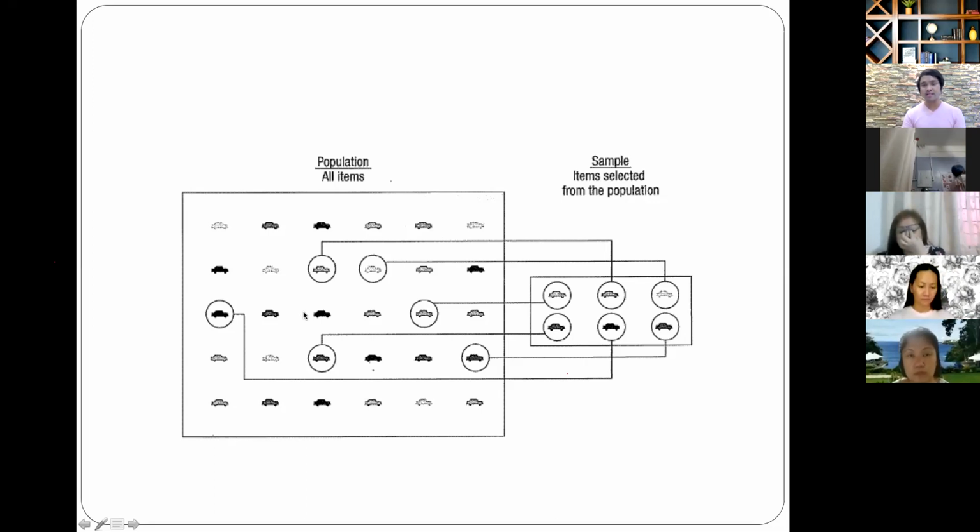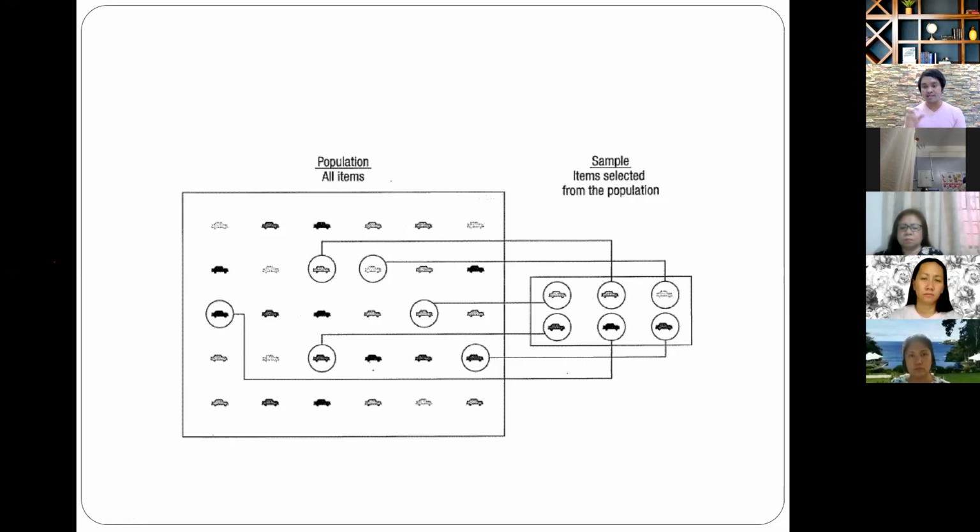So meaning to say, it is the general rule is that the sample represents the entire population. There should be what we call representation. Kasi kung halimbawa 1,000 yan, tapos 5 lamang ang sumagot, hindi acceptable yun kasi those 5 respondents or data do not represent the entire 1,000 data.